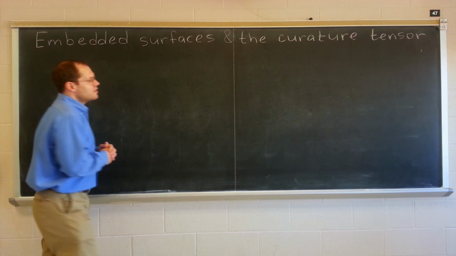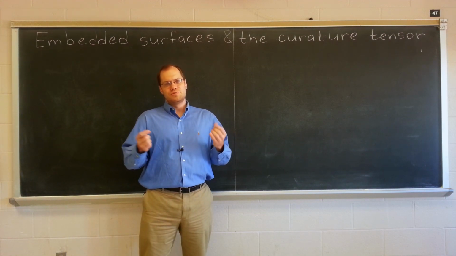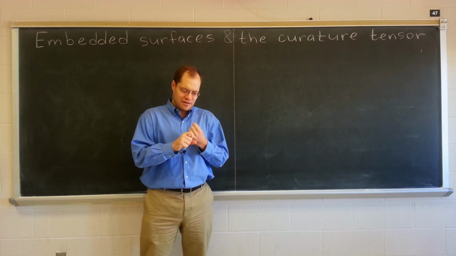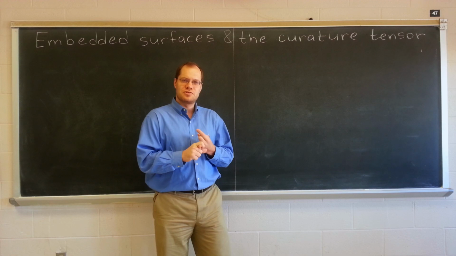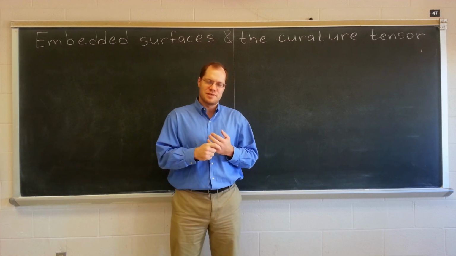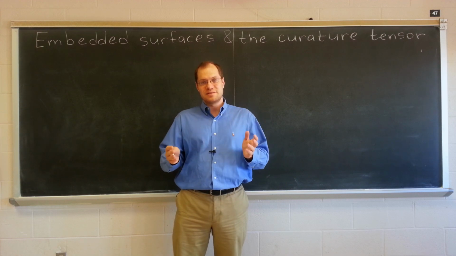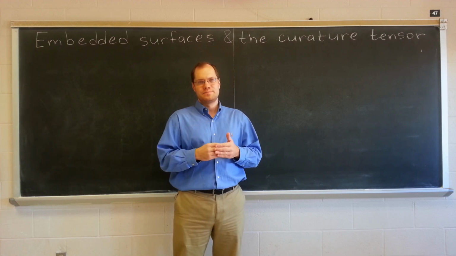So, in order to follow this lecture, I would recommend that you review two lectures from the past. One on the fundamental objects in Euclidean space, and two, the lecture on Christoffel symbols, and maybe look at the covariant derivative again as well. Because the next few minutes will step by step follow that pattern.